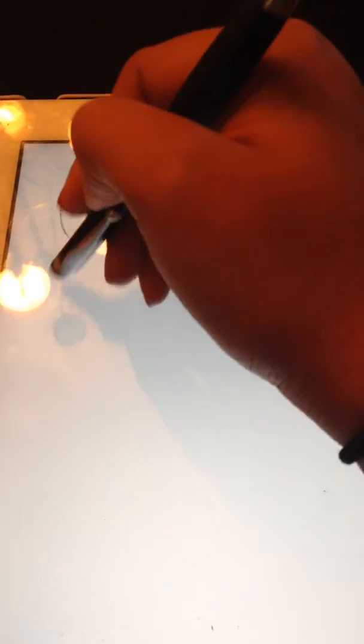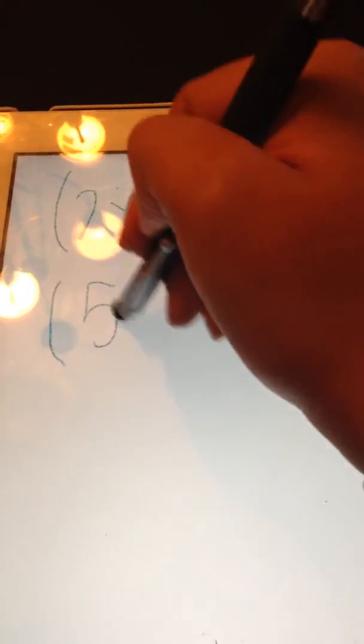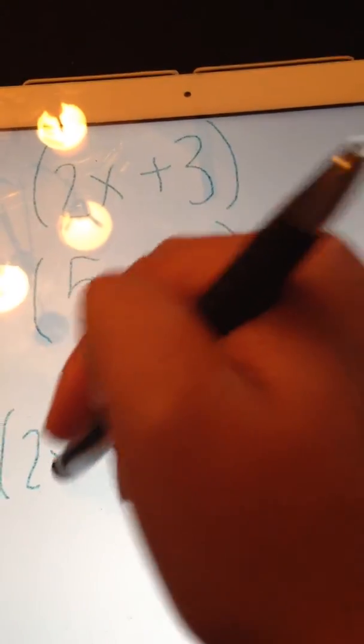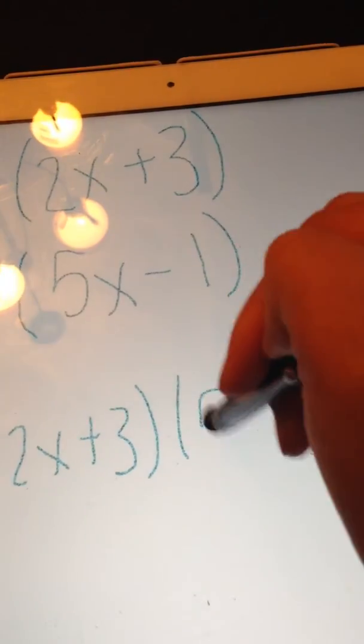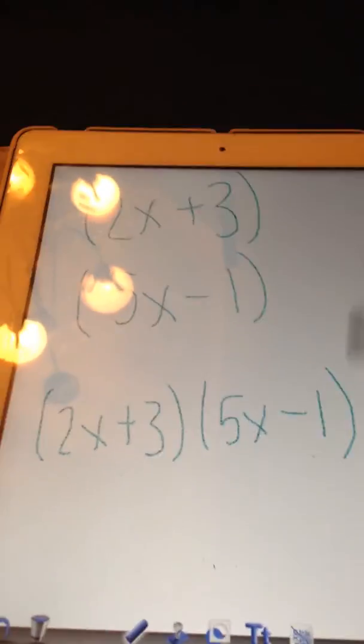We're going to do 2x plus 3 in parentheses, and in other parentheses, it's going to be 5x minus 1. And these will actually be right next to each other, so I can show you guys that real quick. So 2x plus 3 in parentheses, and it's going to be times 5x minus 1, just like that. And that's just going to be your finishing answer.